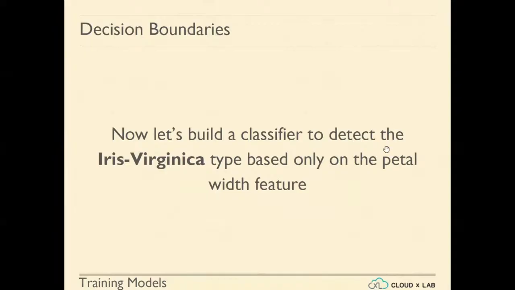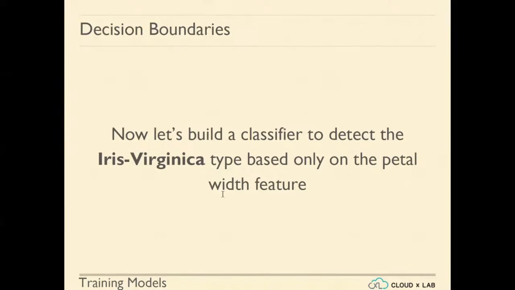So we use one feature, petal width, and we are predicting whether the given flower is Virginica or not, right? So we are solving a binary classification problem. We want to classify whether the given flower is a Virginica or not. So we are solving binary classification, and for that we are only using one feature, petal width.